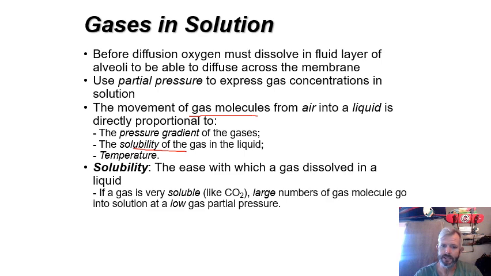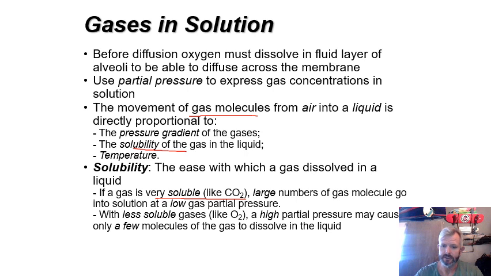And what we're going to see is CO2 is very soluble. What do you have when you open that Coke? With Coke, you have lots of CO2. So with low partial pressures of CO2, we can have more CO2 dissolving into the liquid. O2 is a lot less soluble than CO2.